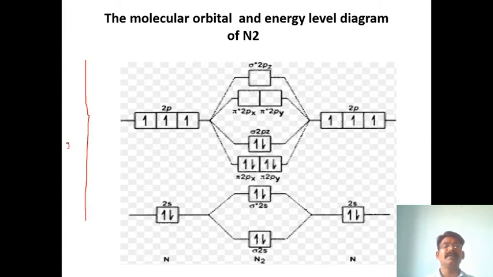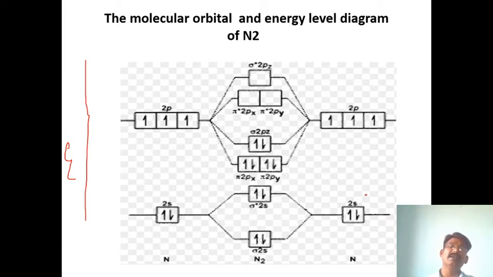Here, two nitrogen atoms combine to form a nitrogen molecule. One nitrogen atom has 7 electrons, another nitrogen atom has 7 electrons, so a total of 14 electrons are there. The 1s level has 2 electrons from one nitrogen atom and 2 electrons from the other nitrogen atom, so 4 electrons in the 1s level.